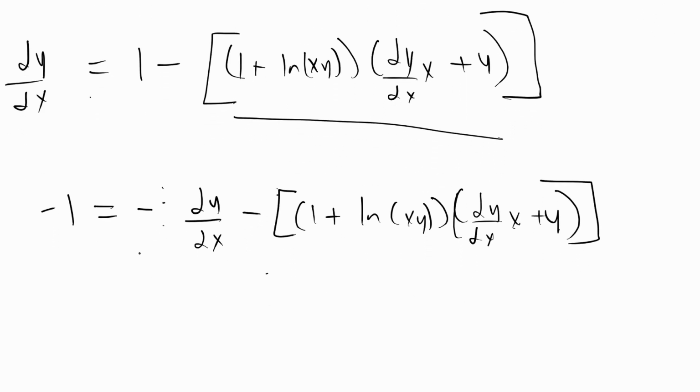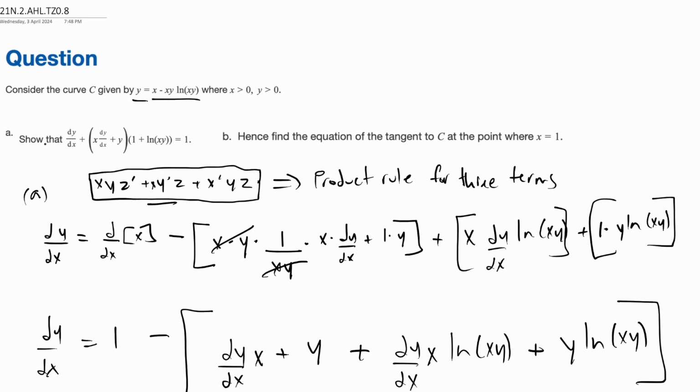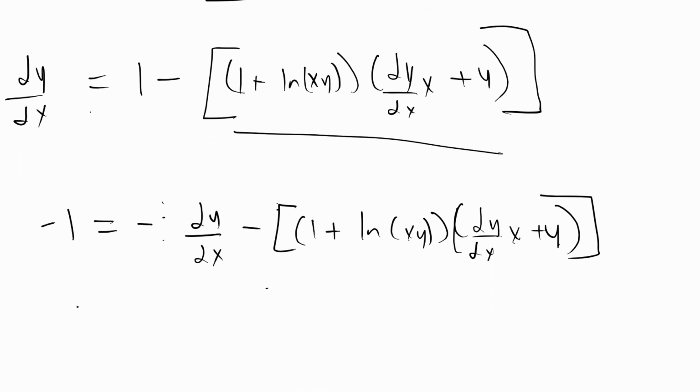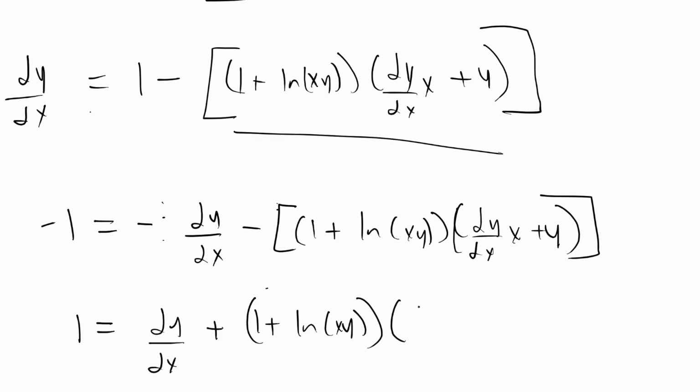Okay, so now we need to make sure there's no negative, because we don't want a negative in this case. It all has to be positive. So we can just factor out a -1 from both sides. So that finally equals to 1 is equal to dy by dx plus (1 plus ln of xy) times dy by dx of x plus y.